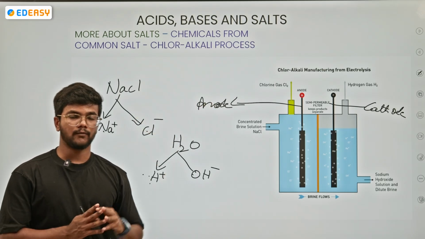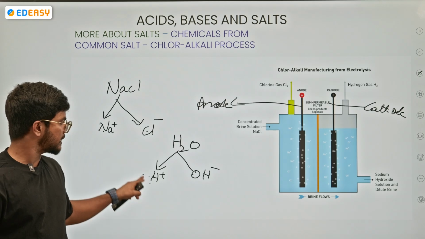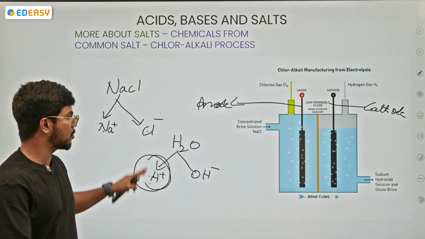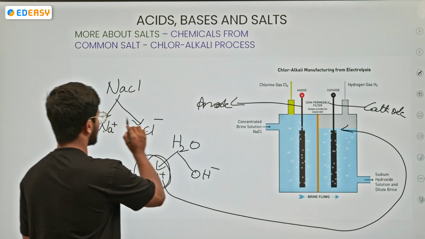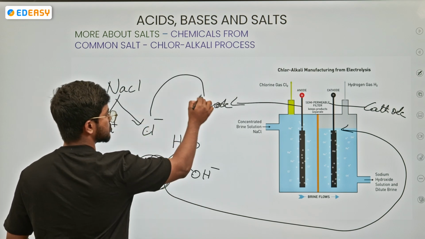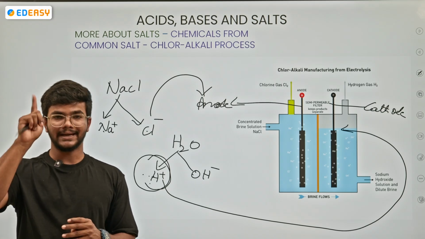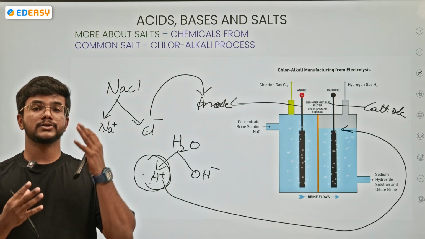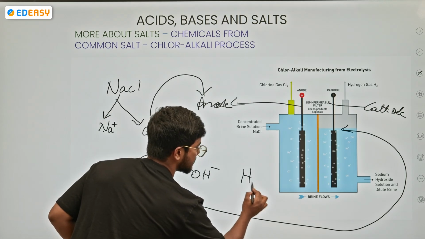The H plus ions will go towards the cathode, whereas Cl minus goes towards the anode. There are many H plus ions, so they make bonds with each other and convert into hydrogen gas, H2.